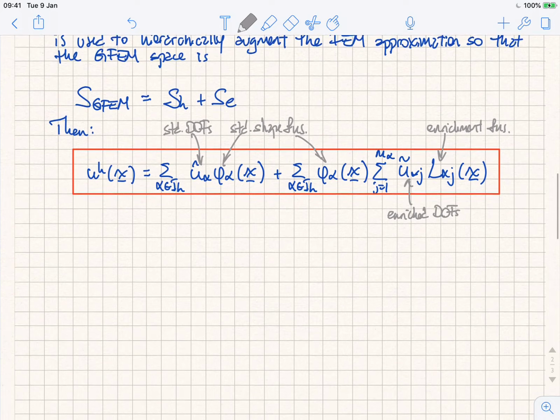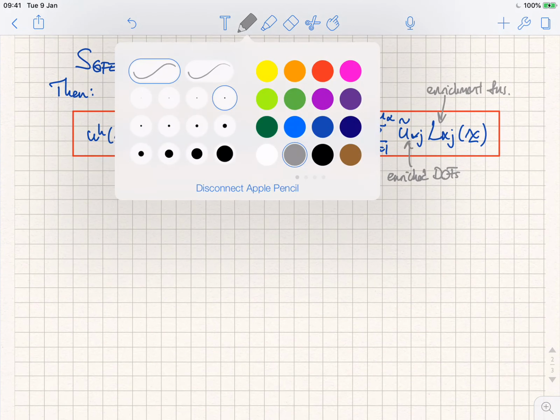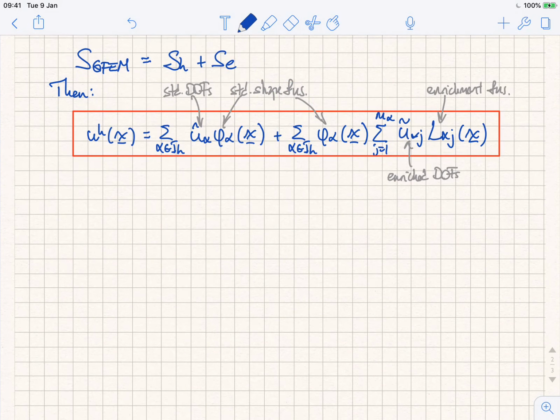So let's see. Two important things regarding this equation, and then we take a break. Because this whole formulation is based on, again, the reproducing condition. The fact that we can pretty much add any function that we want and really represent that behavior. That is called the reproducing condition, right? And this is because of the partition of unity. So let's write this down, reproducing condition.